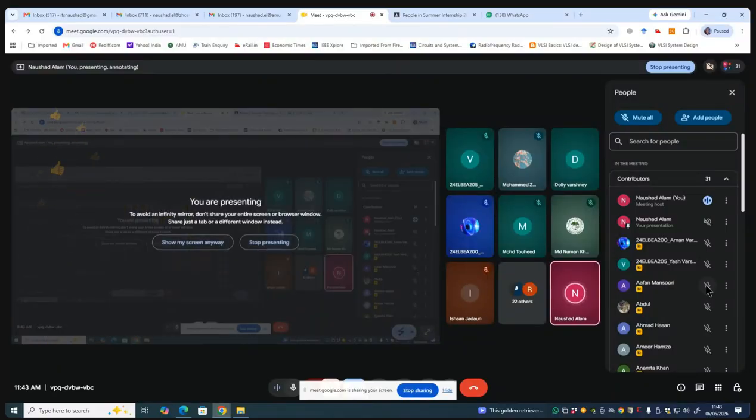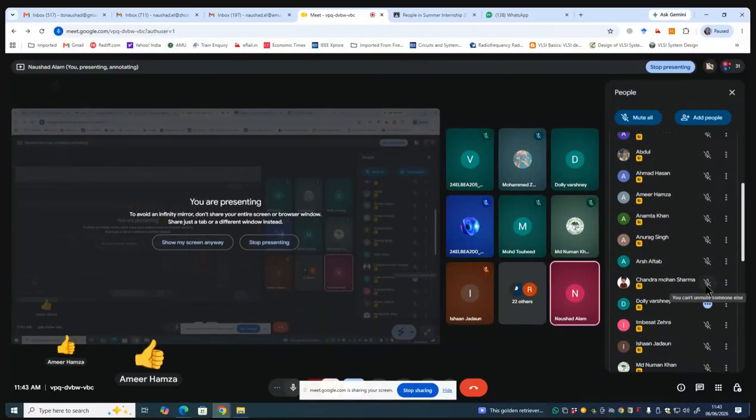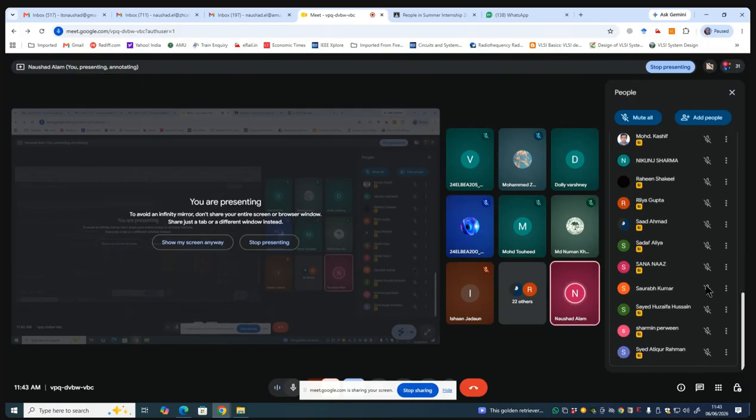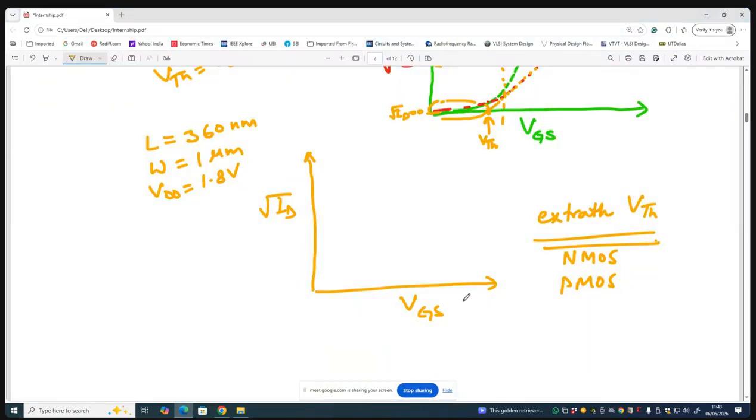Okay. So I think there is no query. That is the exercise that you shall do, and post your screenshot of the square root of ID versus VGS and the estimated value.